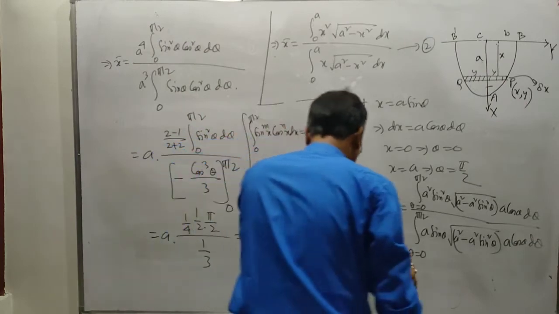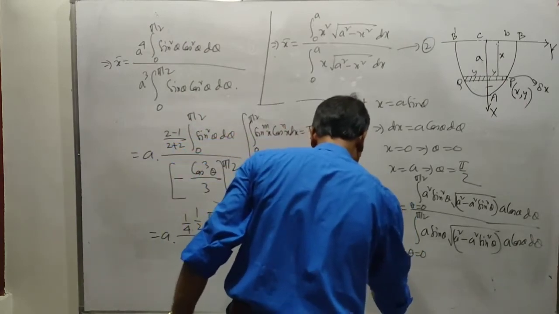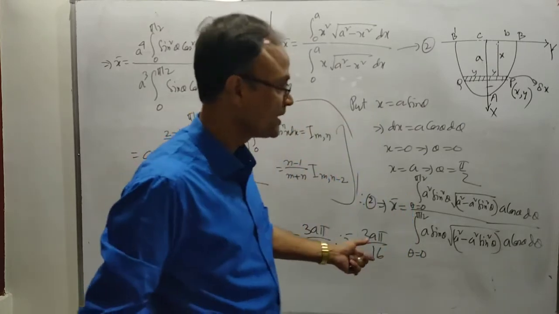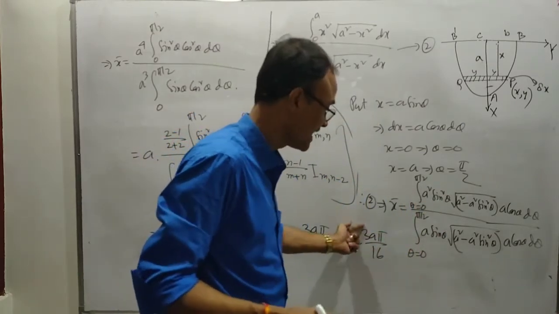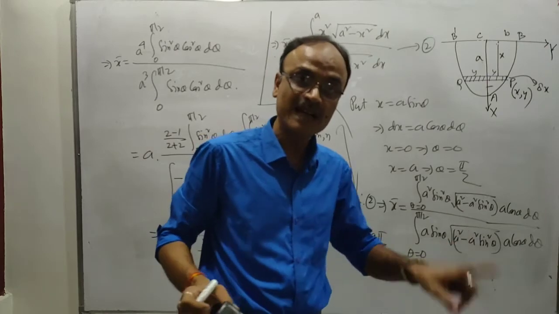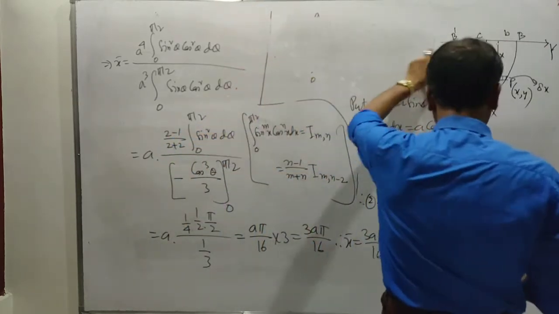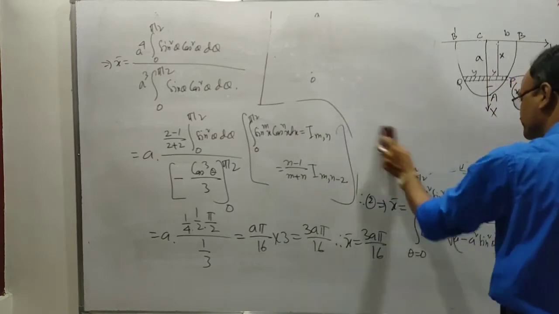Therefore, x bar equal to thrice a pi by 16.